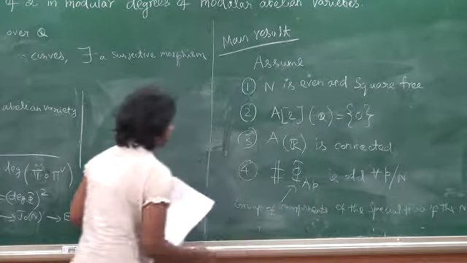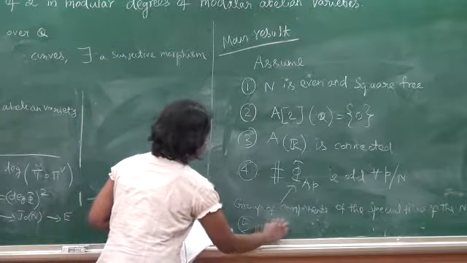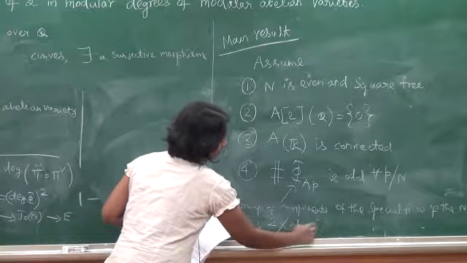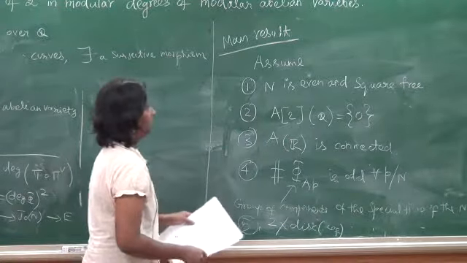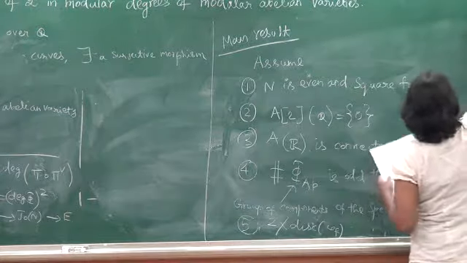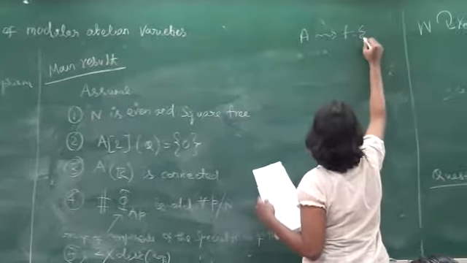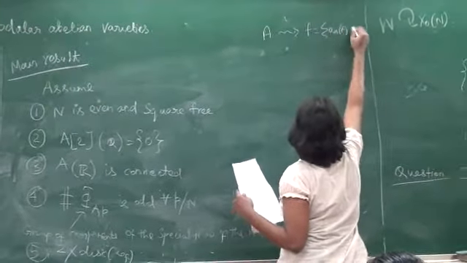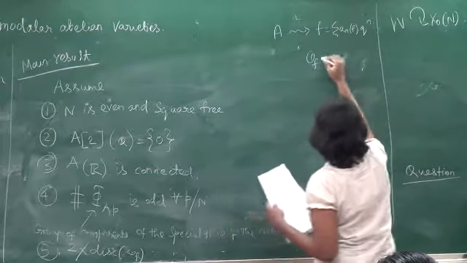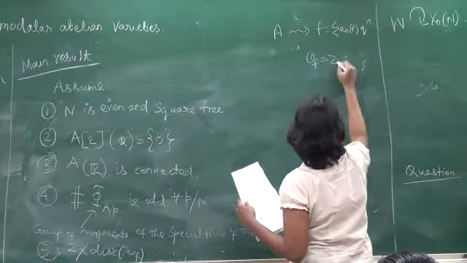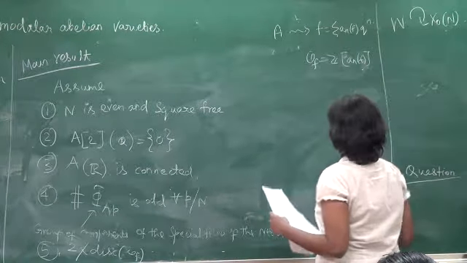So I am assuming that condition, and then the fifth condition I am assuming is that 2 doesn't divide the discriminant of O_F. So A is attached to a newform.